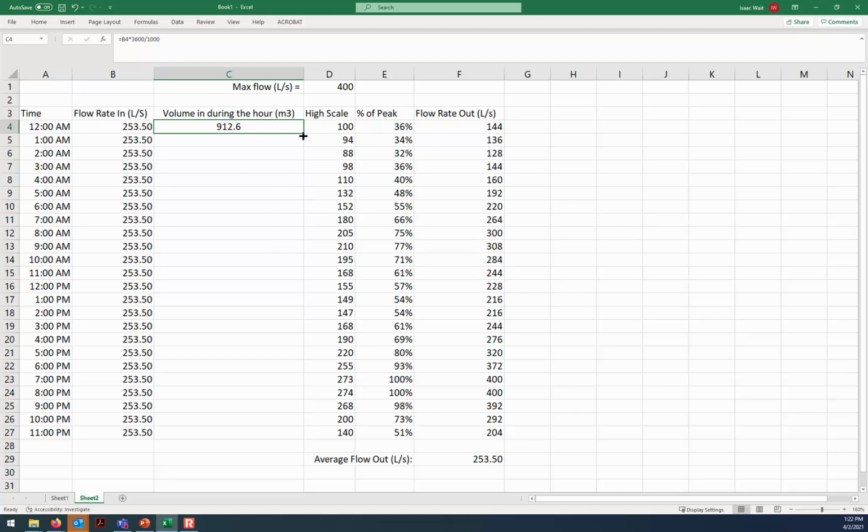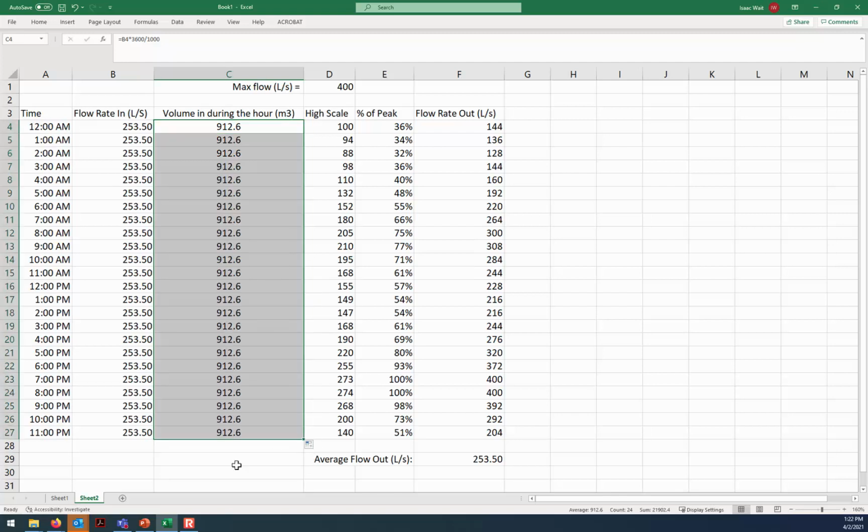And that's the same for every hour because, remember, the inflow is constant. In this project, we're assuming that the water is trickling from the spring towards the tank at a constant rate through the day.